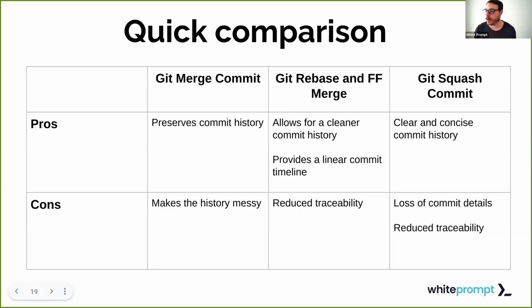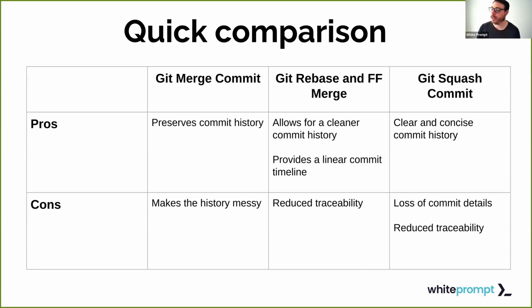So let's do a quick comparison between these three strategies. For Git merge commit, we preserve the commit history, but on the downside, it makes the history a little bit messy. On the Git rebase and fast forward merge, it allows us a cleaner commit history. We can see all the history all together, and it provides a linear commit timeline.